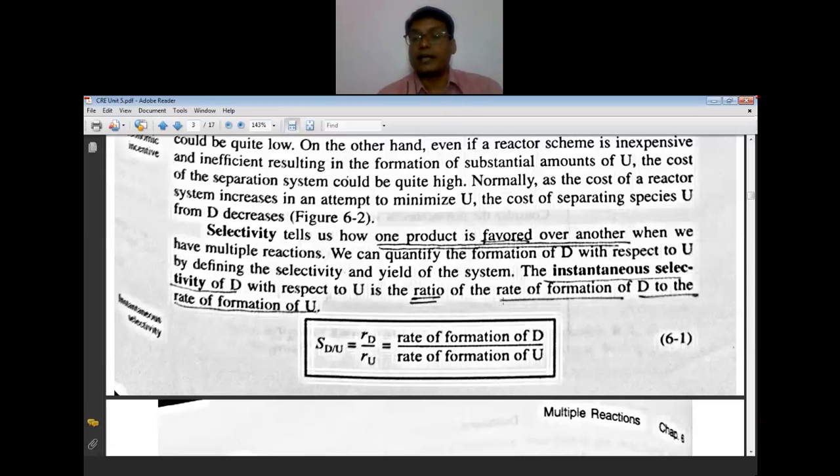Now rate, that is minus rA, which is equal to dCA upon dt, and this dCA upon dt incorporates the time factor. Time factor means the concentration at any time.